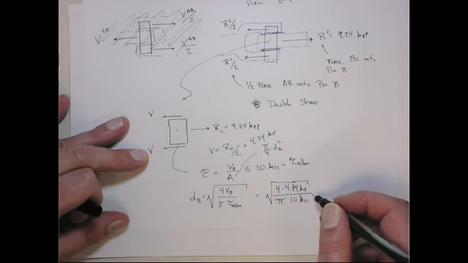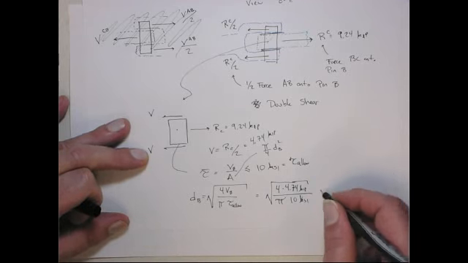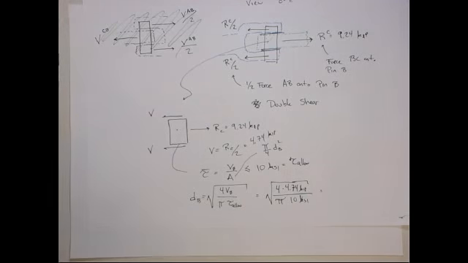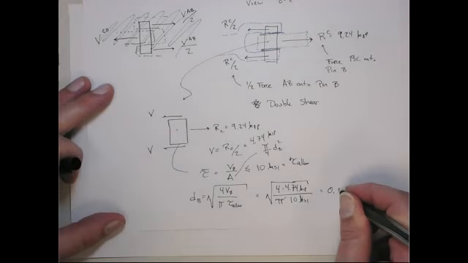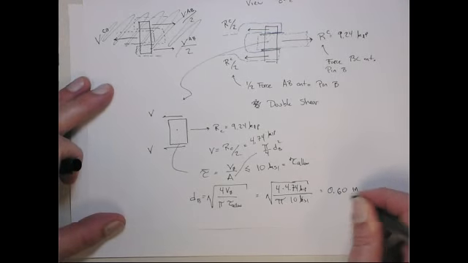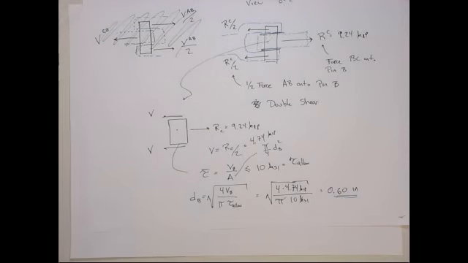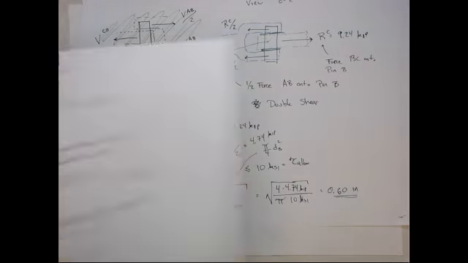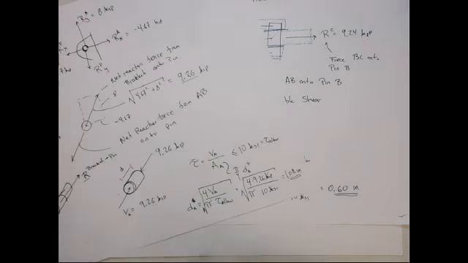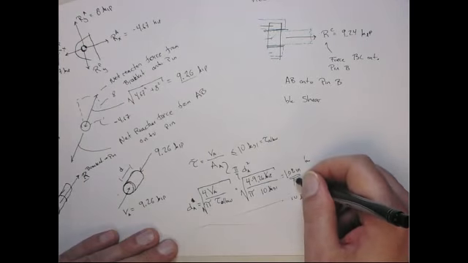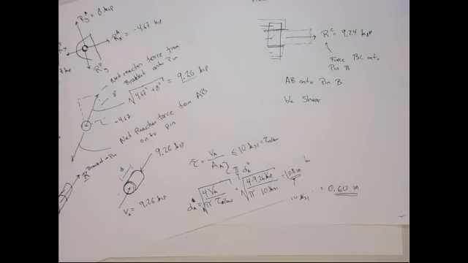I get inch squared, take the square root, that becomes inches, and so that comes out to be 0.60 inches. All right? So that is less than the 1.08 inches for pin A. So in fact, pin A's diameter is the limiting diameter, so it should be 1.08.